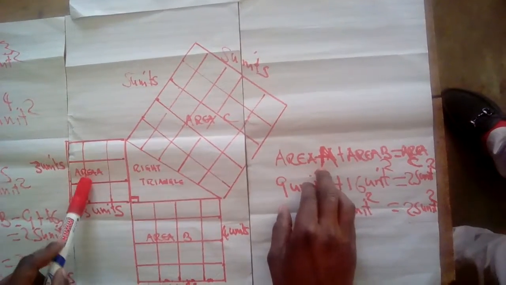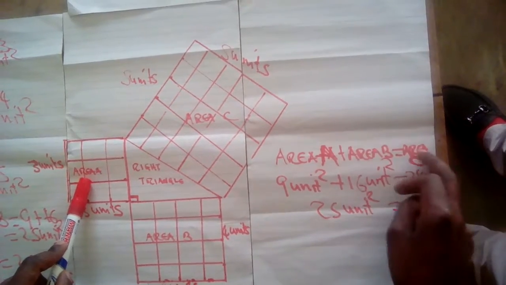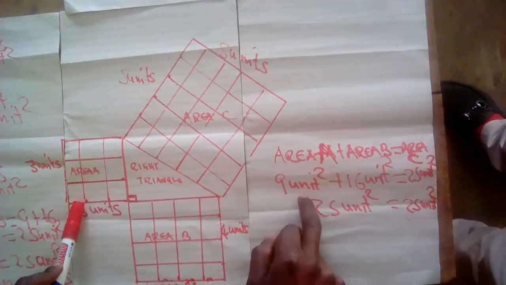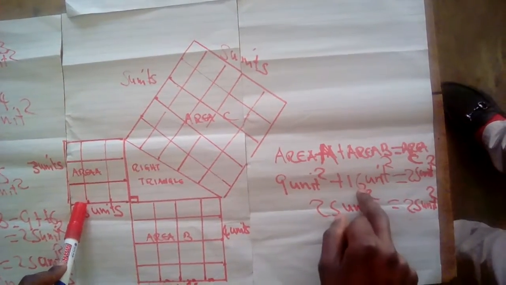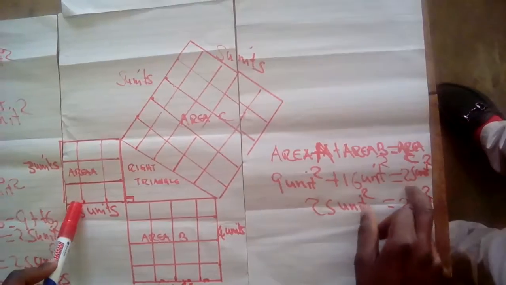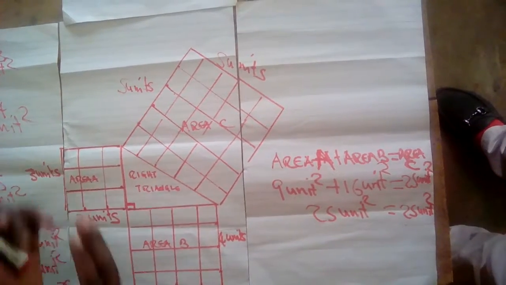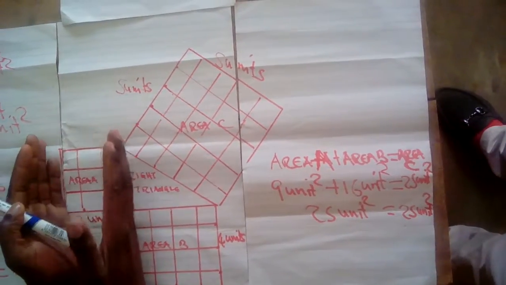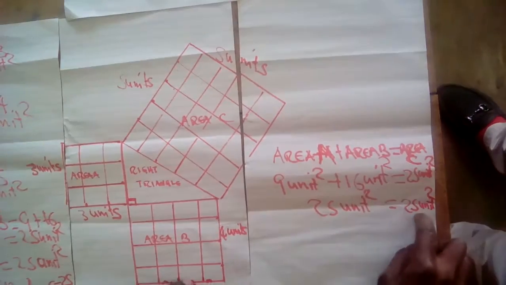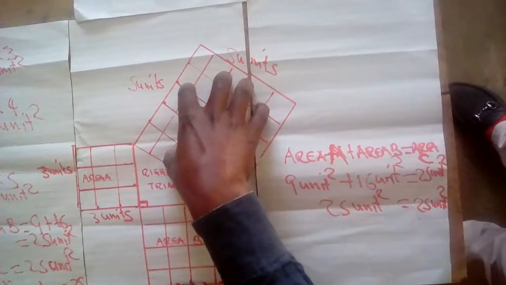If you take area A plus area B, put the equal sign, and then area C, you will see that area A has 9 unity squares, area B has 16 unity squares, and this is equal to the 25 unity squares of area C. So the sum total of the areas of the squares on the adjacent sides is equal to the area of the square on the hypotenuse side.